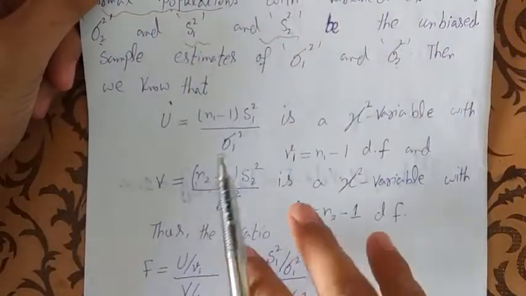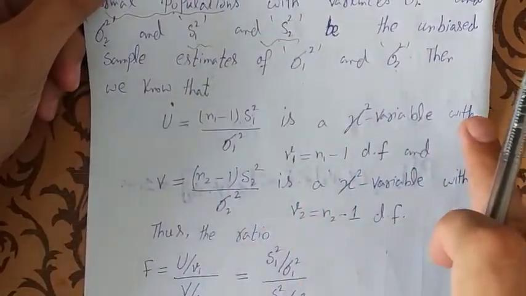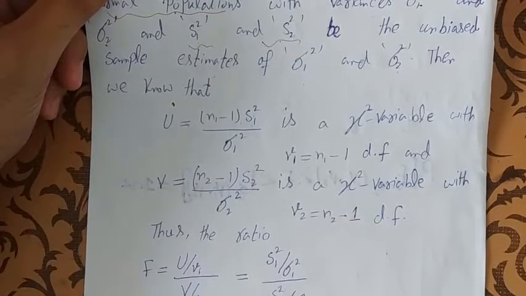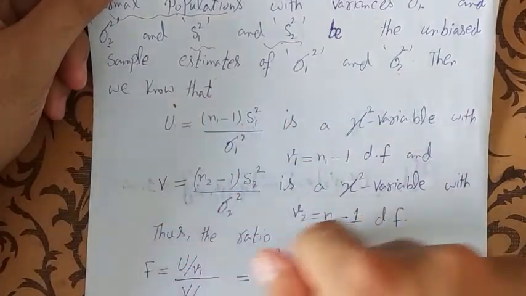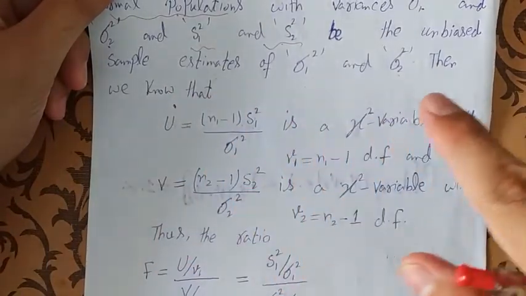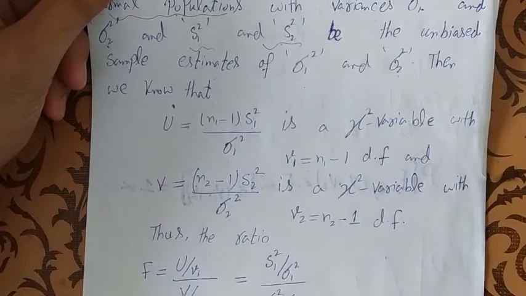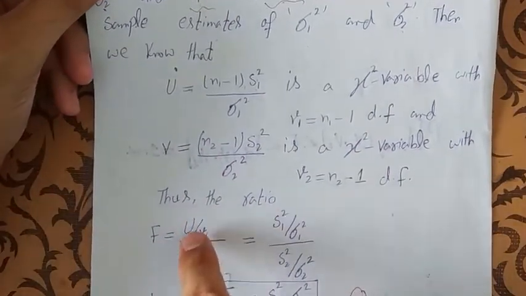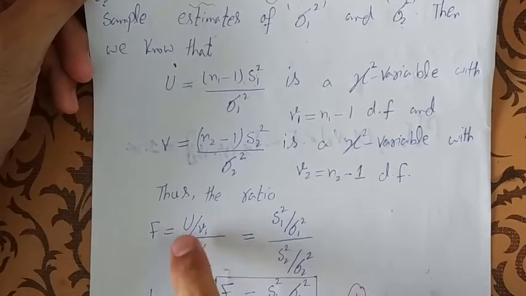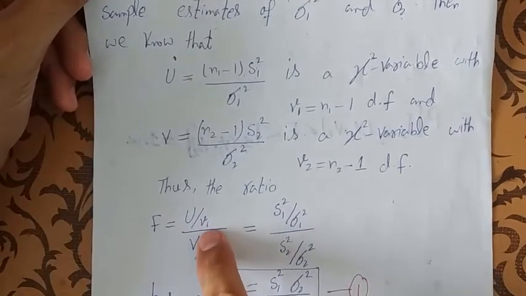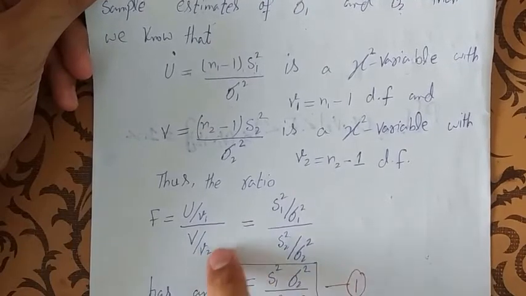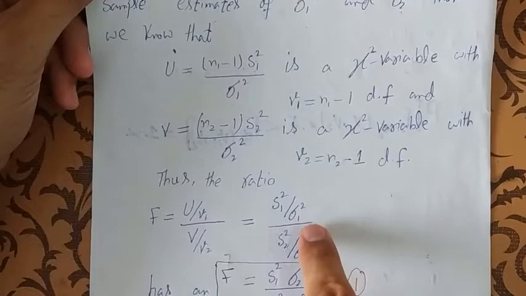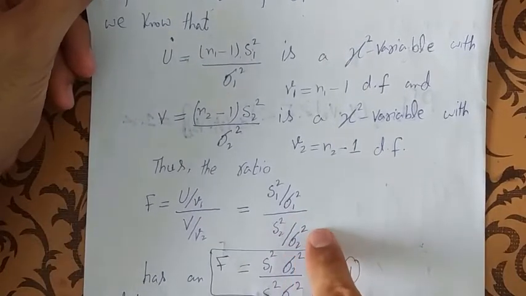I explained these in detail in the previous video; if you want to see where they come from, watch it. Then the ratio capital F is equal to capital U over nu 1 over capital V over nu 2, which is equal to S1 square over sigma 1 square over S2 square over sigma 2 square.